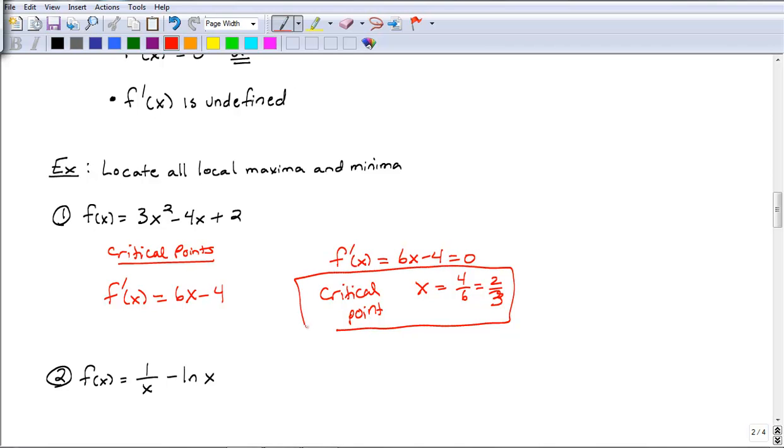Two-thirds. To find the extreme value, I plug the 2/3 back into the function to figure out the y value there. In this case, I get f of 2/3, which is 3 times 2/3 squared minus 4 times 2/3 plus 2.